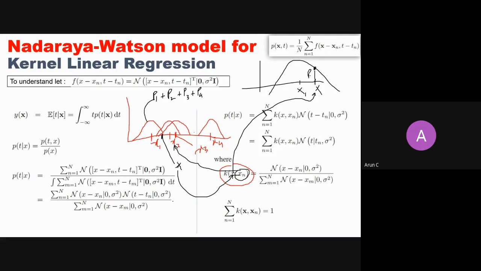Then you have a second point, x2, the second data point. Then you have a Gaussian here, and this is the probability P2. So it is like generating this unseen x, where you want to predict, from each of these Gaussians. This is P1, P2, P3, P4.